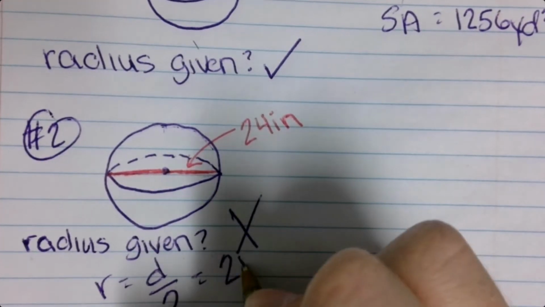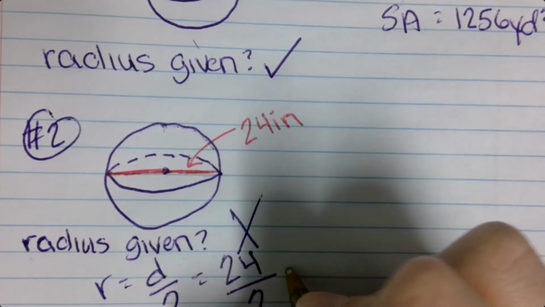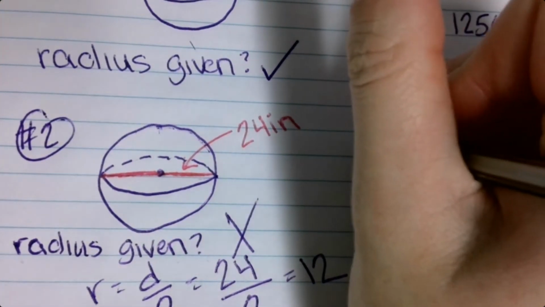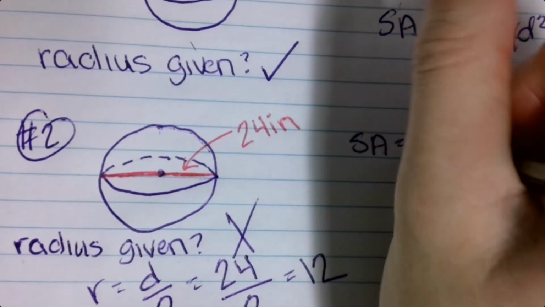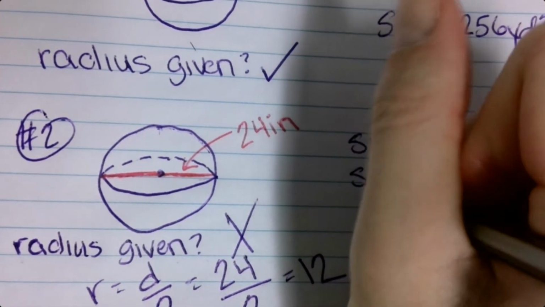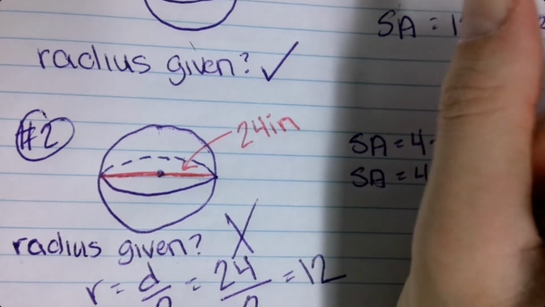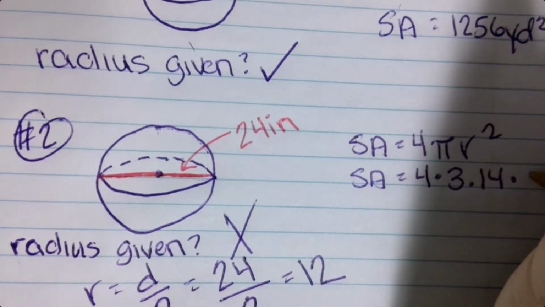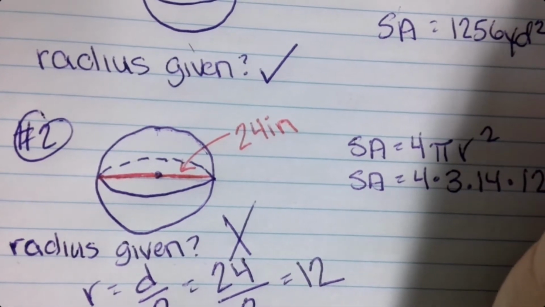So we are taking 24 and dividing it by 2, and that gives us 12. So when I go to plug this into my formula, I would have 4 in place of pi, 3.14. In place of r, I would have 12 squared.